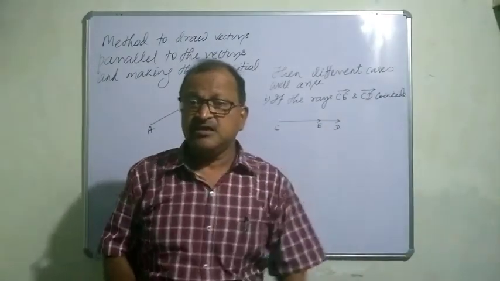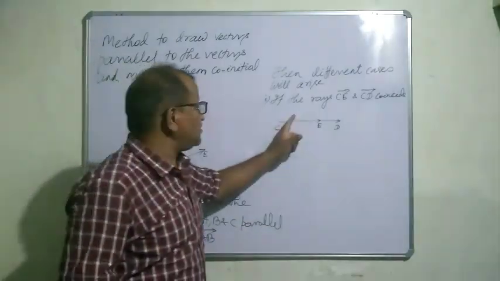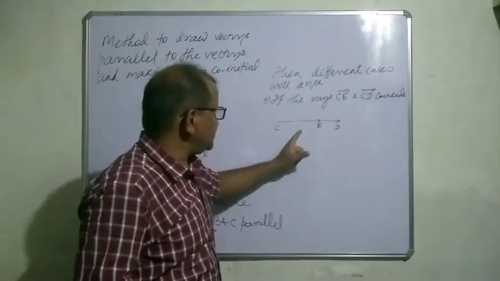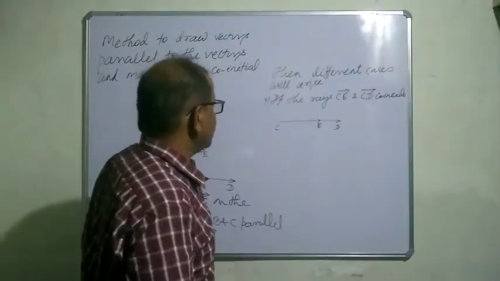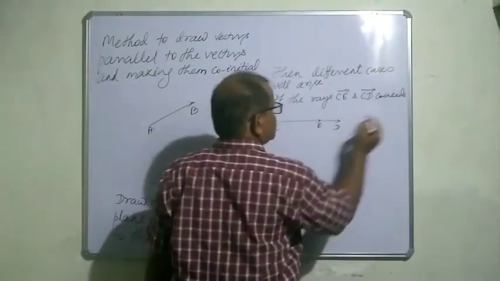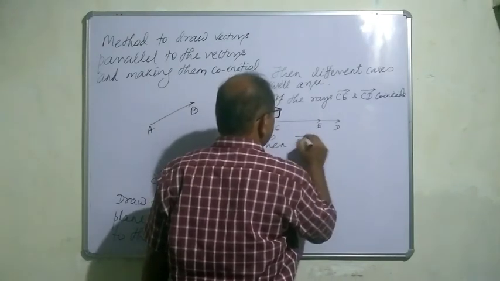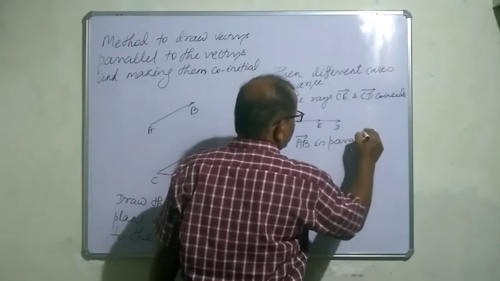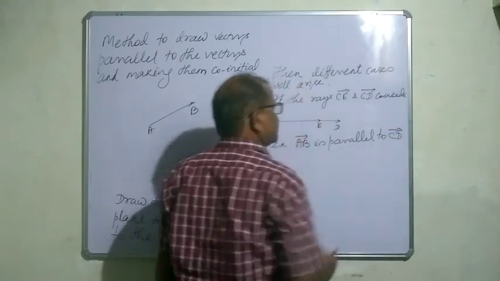CE ray is the same as the ray CD. If these two rays coincide, what will happen? Then what conclusion can we draw? Then AB vector is parallel to CD vector, right?